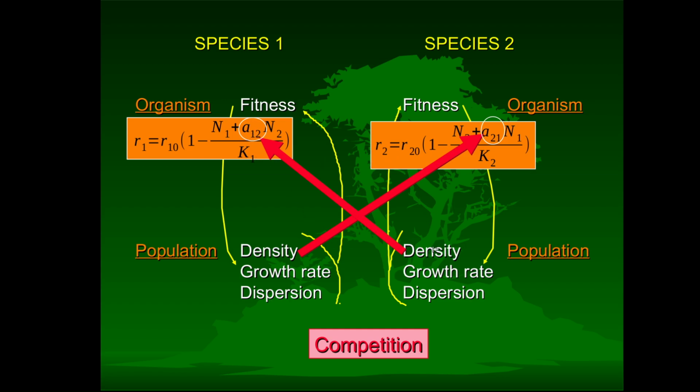So the density of this species, N2, affects the fitness, r1, of this species through its competition coefficient, how much resource it consumes of species 1. And the same vice versa.